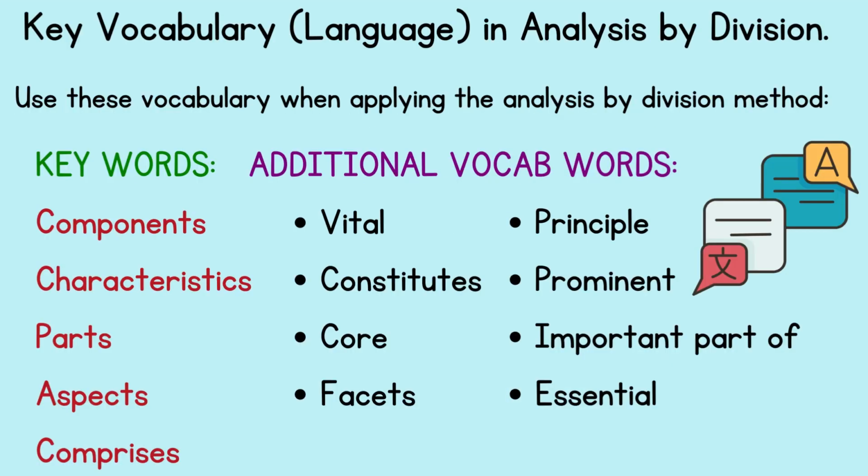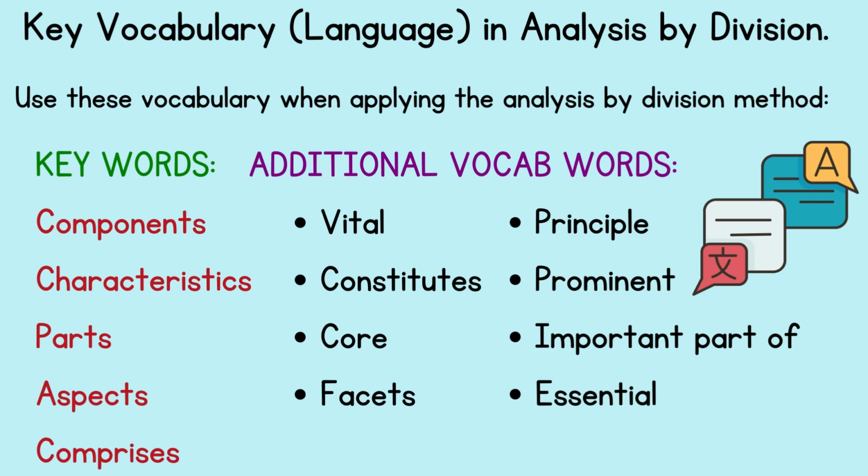Right? So moving on to key vocabulary or the language of analysis by division. So these are some of the words that you can use when applying the analysis by division or trying to identify if a topic requires the analysis by division method instead of another method.